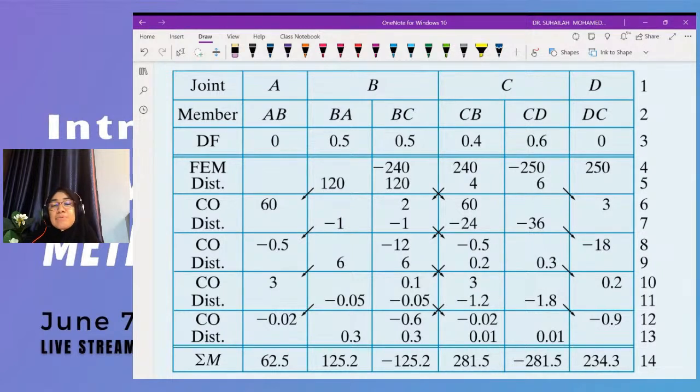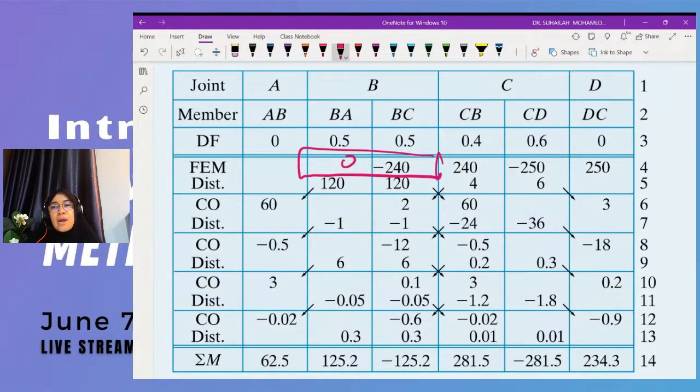Okay, after that is the first distribution in the table. Remember, I repeat again and again, under distribution we have to distribute joint moment. The upper value means this value, this value, this value. For B, the member end moments are 0 and negative 240.